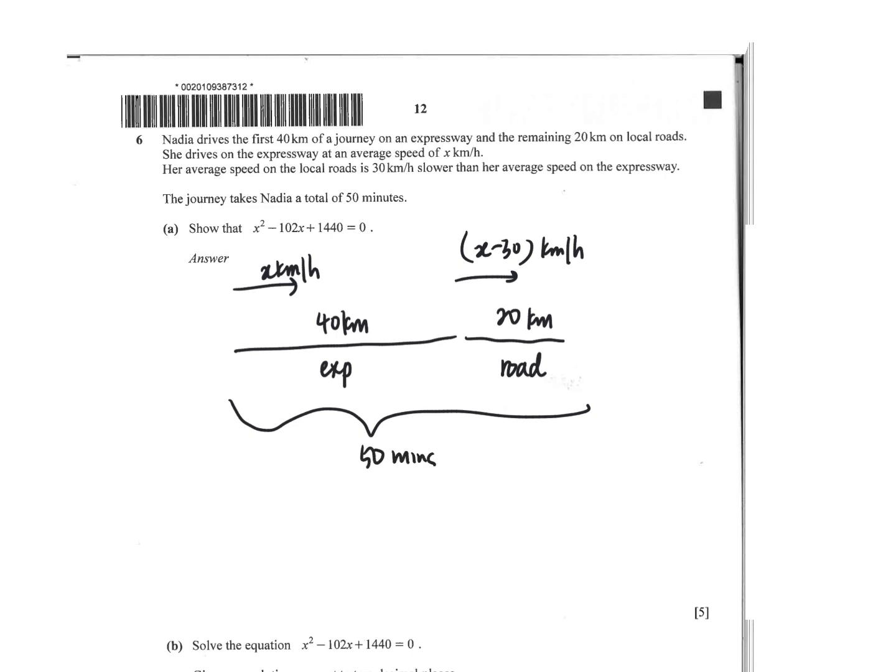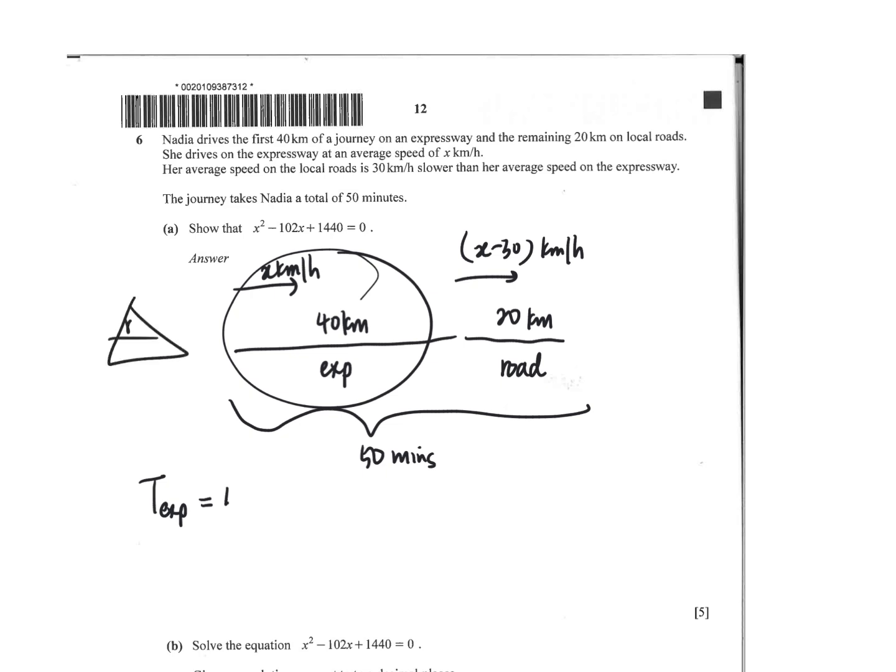So if we try to calculate the time for the expressway, I want time, right? So time is distance divided by speed. So 40 kilometers divided by X gives me 40 over X hours.